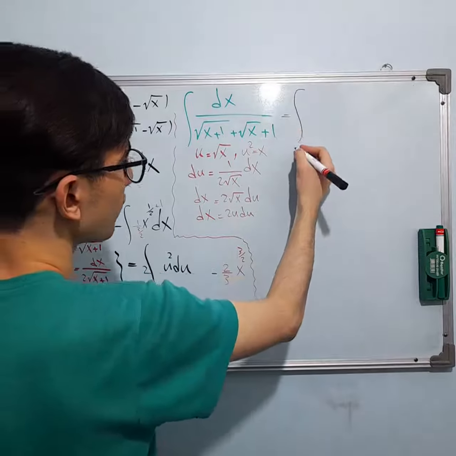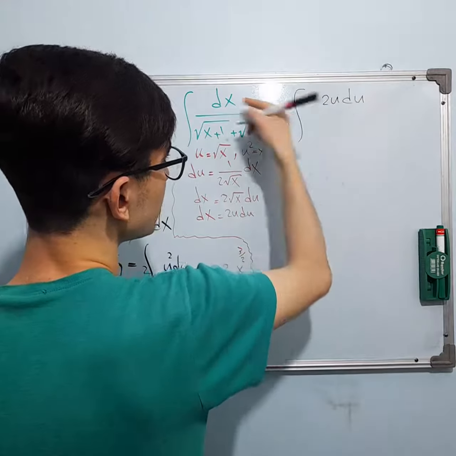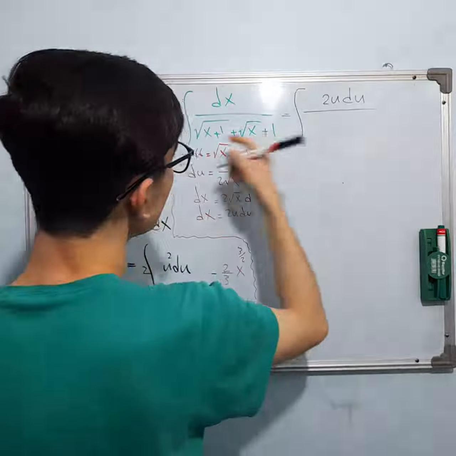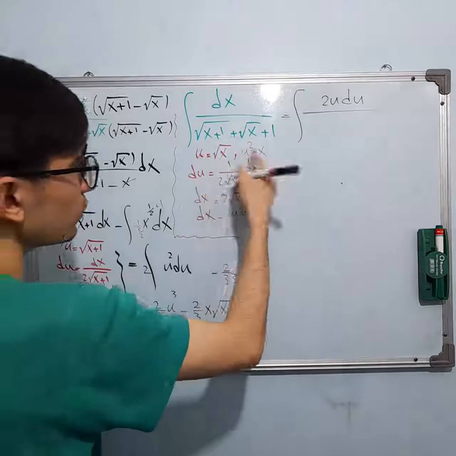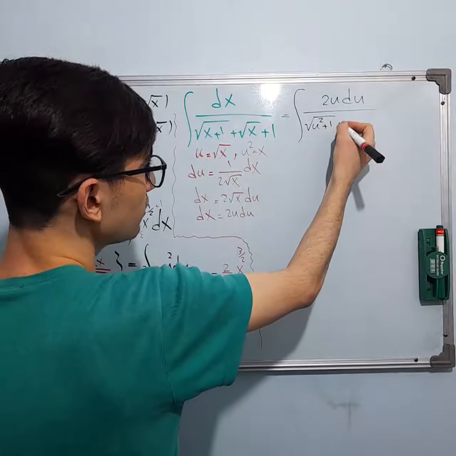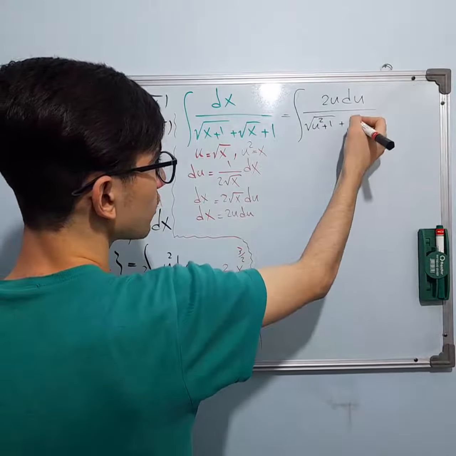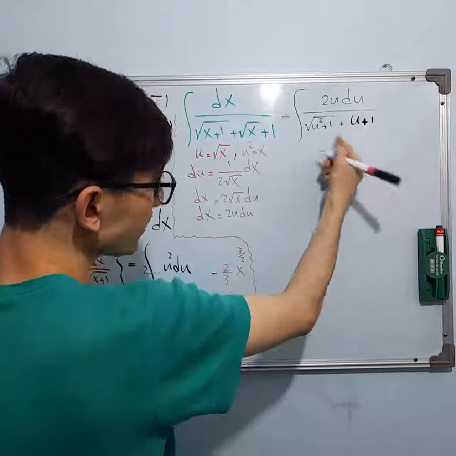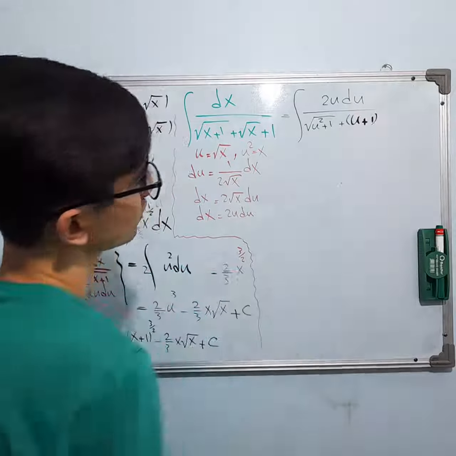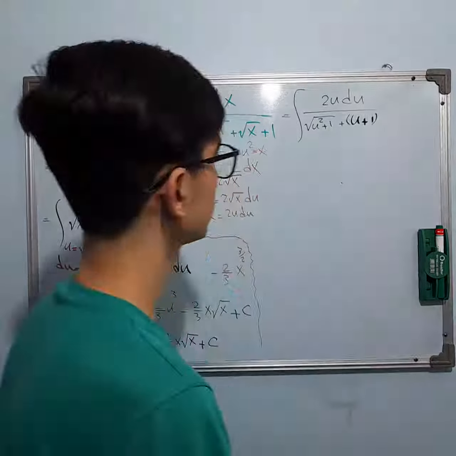So now we have 2u du in lieu of dx, over, instead of x here, u squared: square root of u squared plus 1 plus u plus 1. I can write it like this because it doesn't make any difference.